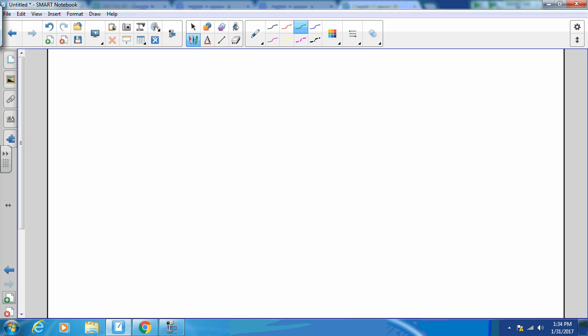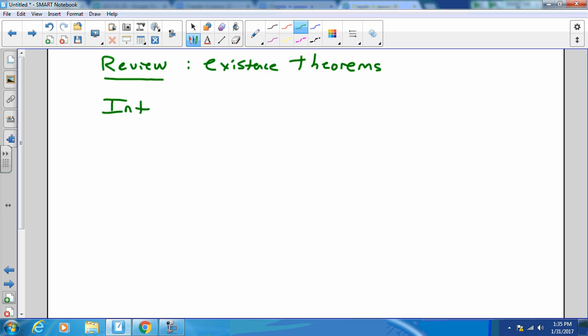Okay, let's get into our lesson. What we'd like to do today is ask, why do we care about the mean value theorem? We have two related ways in which we care about it. To get there, let's go back and do some review of the existence theorems we have had so far. The first one was the intermediate value theorem, or IVT.